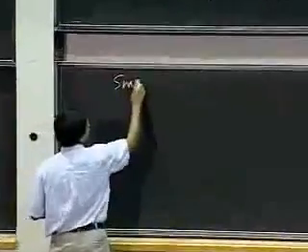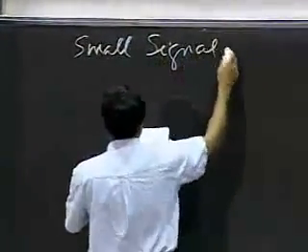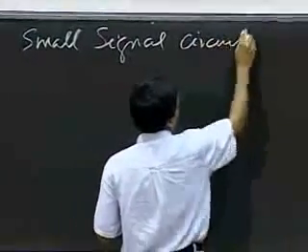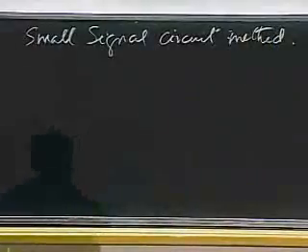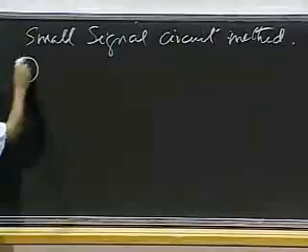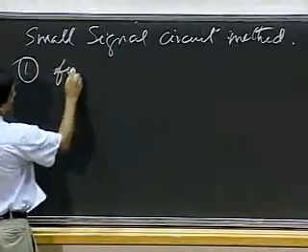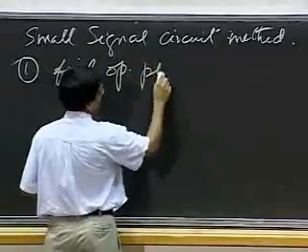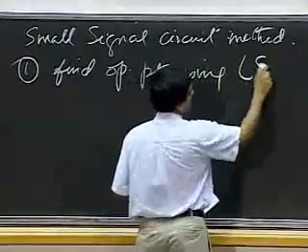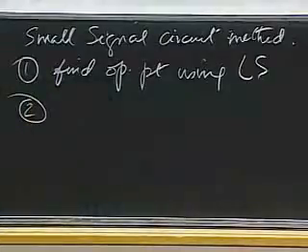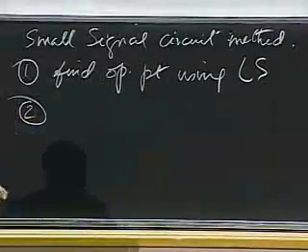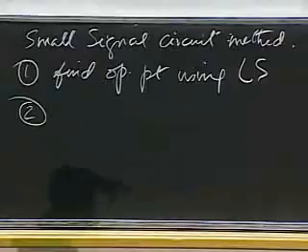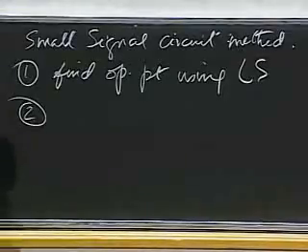So that brings up the small signal circuit method, which has three steps. First, you analyze your large signal circuit and find the operating point. You have to do this because the small signal models depend on the operating point values. Remember, the gain of our amplifier depended on the bias point.